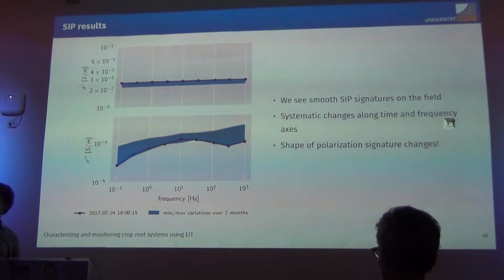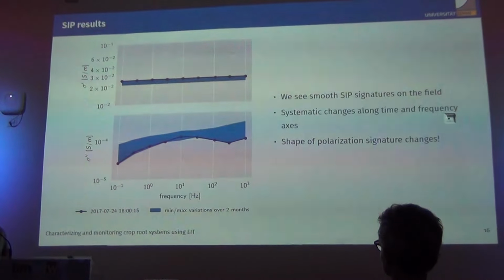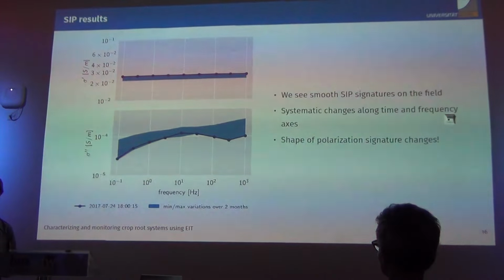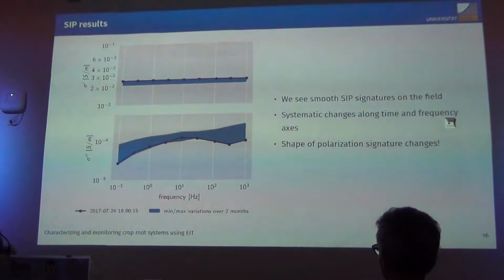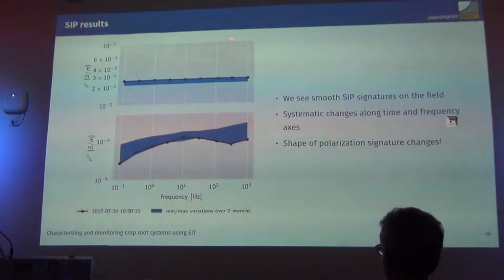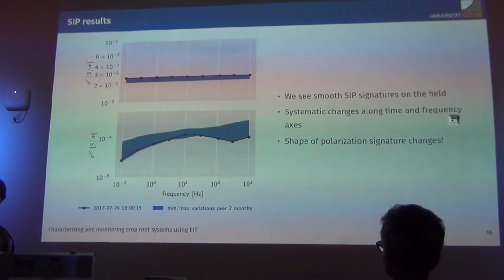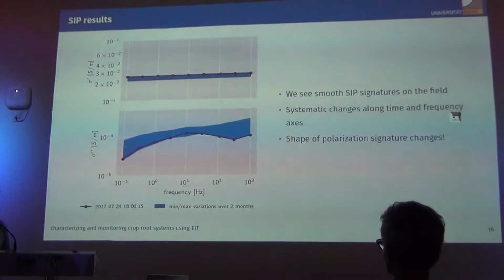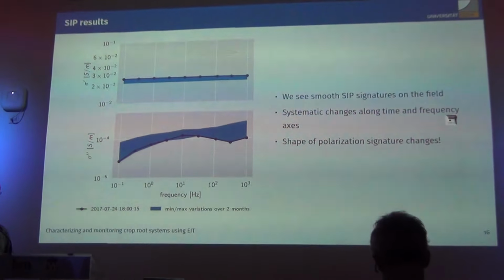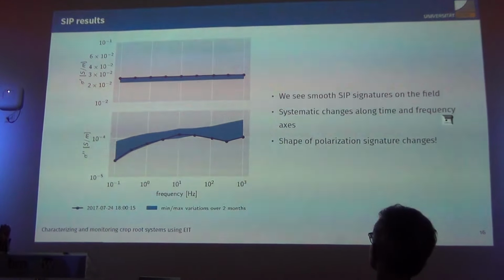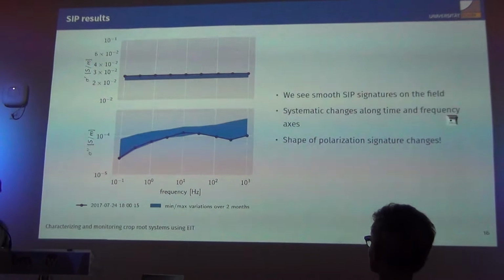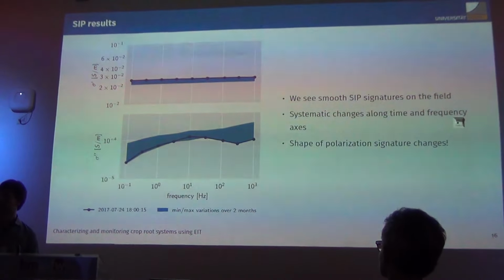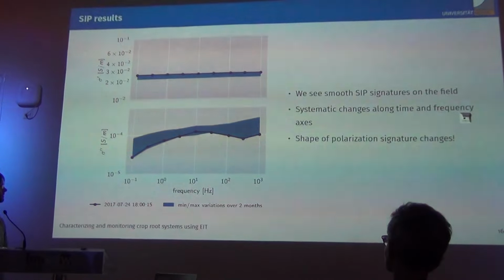We're confident that these could be related not only to water content or soil-related things, but also to the crops that were growing on the field this year. We also see slight changes in the conductivity caused by water content. That's why it's important to do high-frequency measurements, to be able to look at the small-scale daily and weekly variations in water content in these systems.